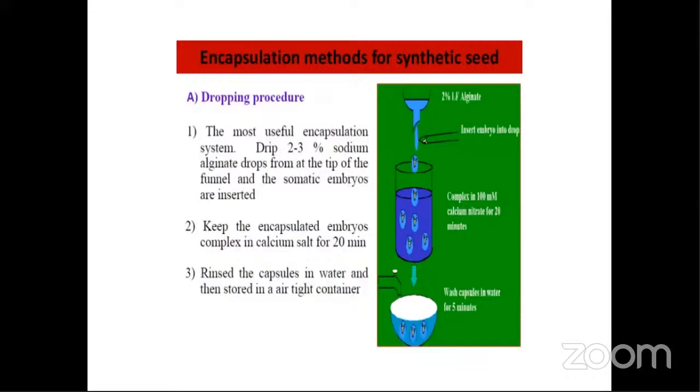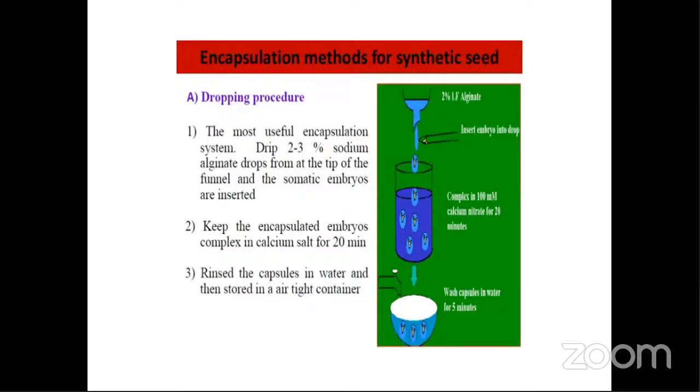Encapsulation methods for synthetic seeds: the dropping procedure. The most useful encapsulation system is to drip 2 to 3% sodium alginate drops from the tip of the funnel, and the somatic embryos are inserted, and keep the encapsulated embryos in complexing calcium salt for 20 to 30 minutes. Here the sodium alginate 2 to 3% varies from crop to crop.